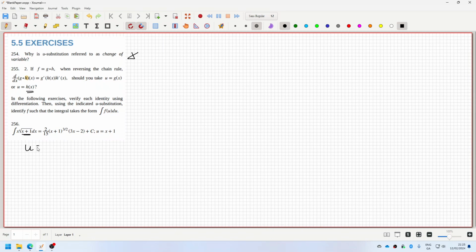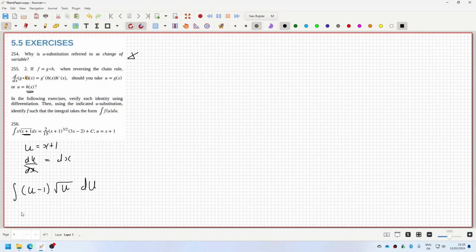If u equals x plus 1, then what's nice about this is du dx equals 1, which means du equals dx. So this would become the integration of x, which would be u minus 1, times root x plus 1, which is u. And dx would become du.